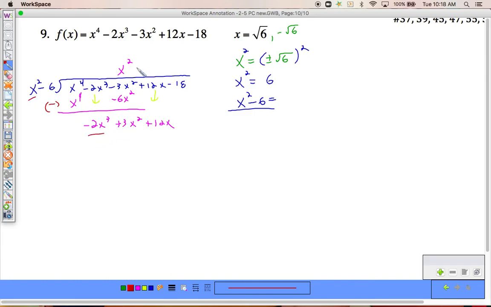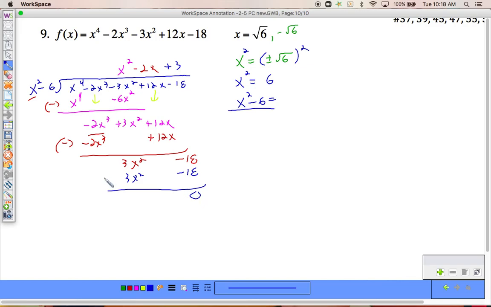Looking at these two, I'm going to put a negative 2x. Cancels. So those are my other two pieces. All right, so it divided evenly, so I have two of them.